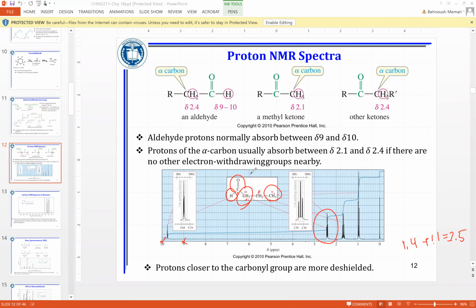Still, it would be affected, but not very significantly. But what is very significant is a peak between 9 and 10 for aldehyde, and then the alpha hydrogen that is shifted by 1 or 1.1 units to higher numbers.